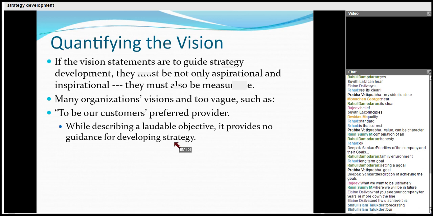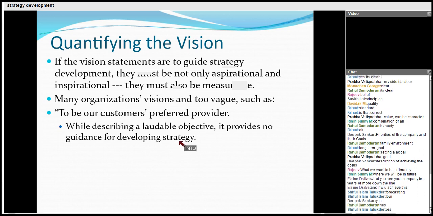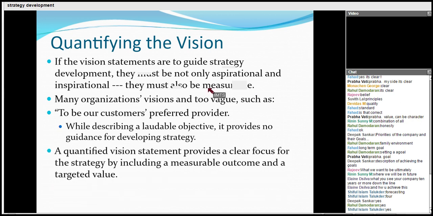When? Provider of what in the first place? You get it? Provider of what? And when do you want to be the preferred one? It doesn't say anything. So this is a vague vision for an organization, and we have to avoid writing this kind of vision. Now, a quantified vision statement provides a clear focus for the strategy by including a measurable outcome and a targeted value.